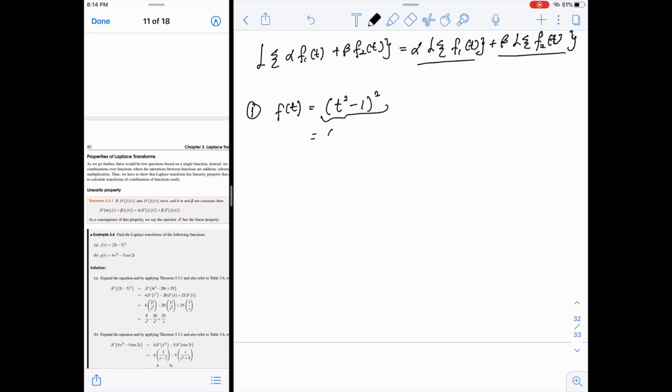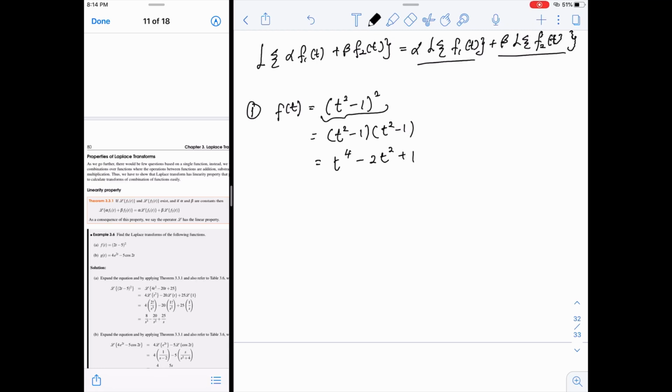If you expand this one, you will have (t squared minus 1) multiplied by (t squared minus 1). Okay, and then what you will get is t to the power of 4 minus 2t squared, and then plus 1 over here.